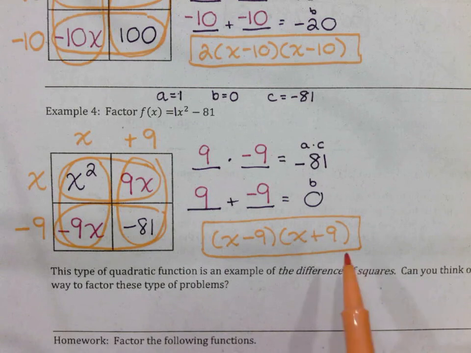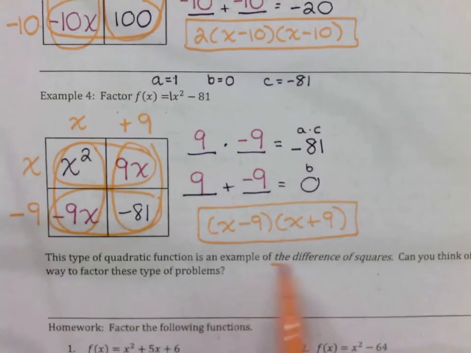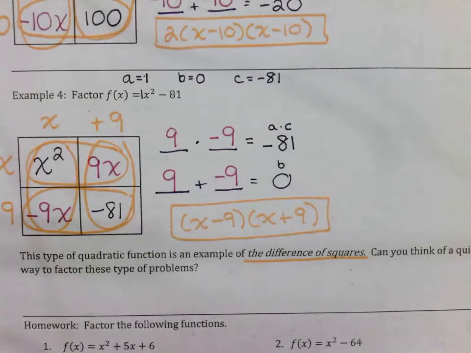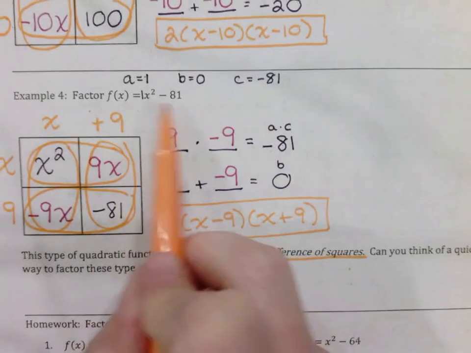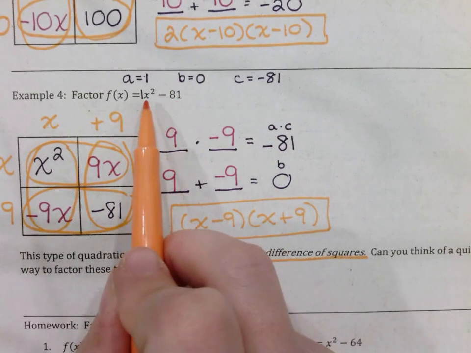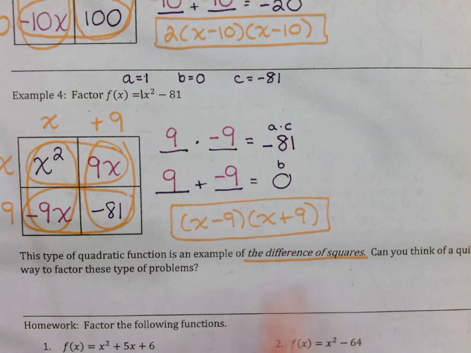So this example we call difference of squares. I have that listed down here. This may be a little advanced right now. But whenever you see a perfect square minus a perfect square, that is, we can take the square root of this pretty easily and the square root of this one pretty easily. That's difference of squares. So it's always in this form where we have 1 minus sign, 1 plus sign, and then we just take the square root of each term.